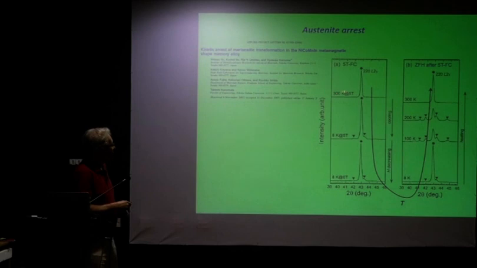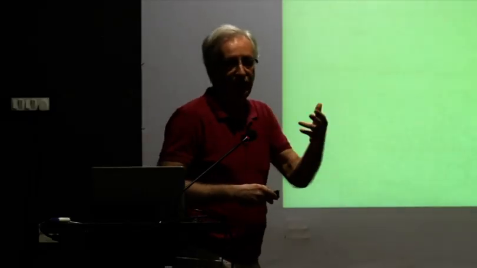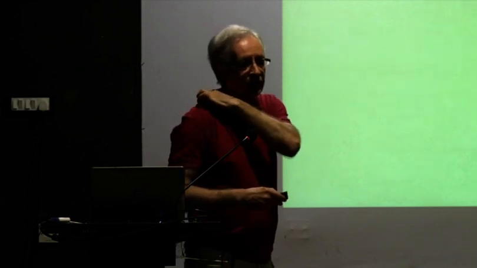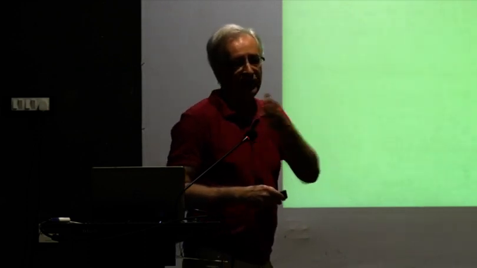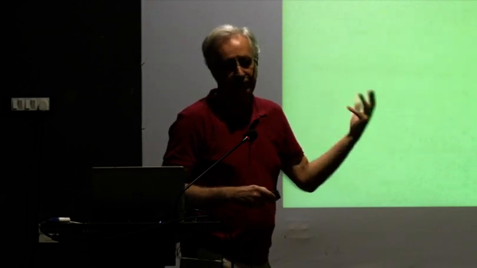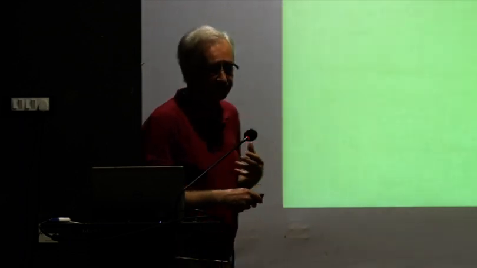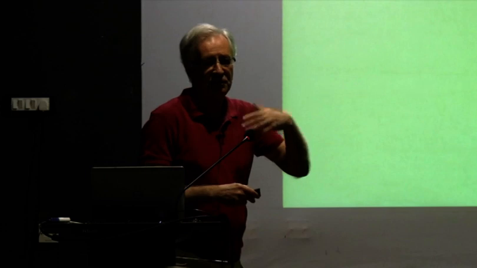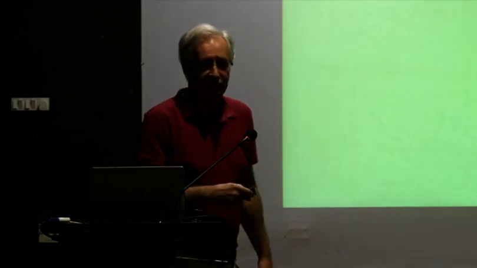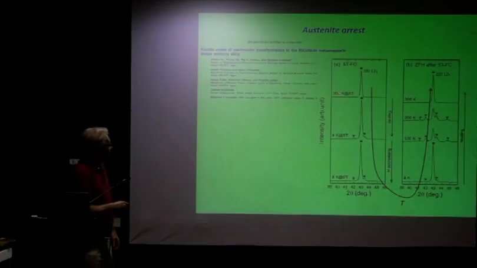So you're sitting at room temperature in this system, and this system typically shows the temperature-dependent magnetization curve, which looks like any of the other ones, the nickel, manganese, indium, nickel, manganese, tin, except the transition temperatures are shifted a little bit. At 300 Kelvin, this is in the austenite state. This is L21, this is cubic. So you have the 220 peak.